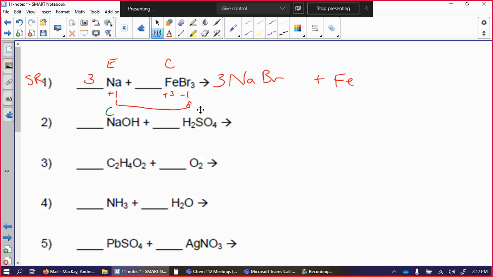So that's single replacement. Sodium hydroxide's a compound. Sulfuric acid's a compound. Okay, so if it's a compound and a compound, it's double replacement. Sodium +1, hydroxide -1. Hydrogen in an acid, +1, sulfate, -2.